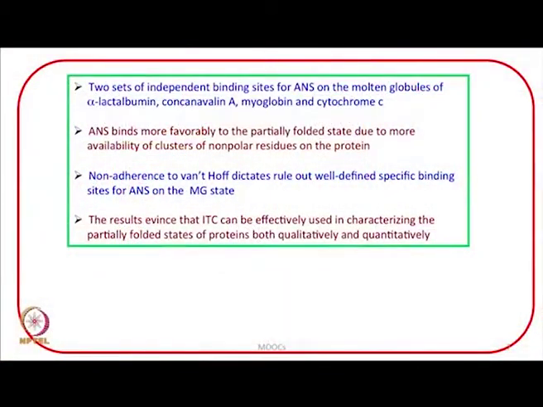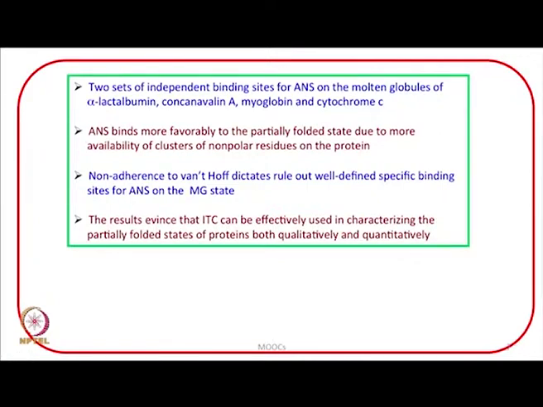Now let us take a look at the next comment. The results from isothermal titration calorimetry certainly evince that ITC can be effectively used in characterizing the partially folded states of proteins both qualitatively and quantitatively.